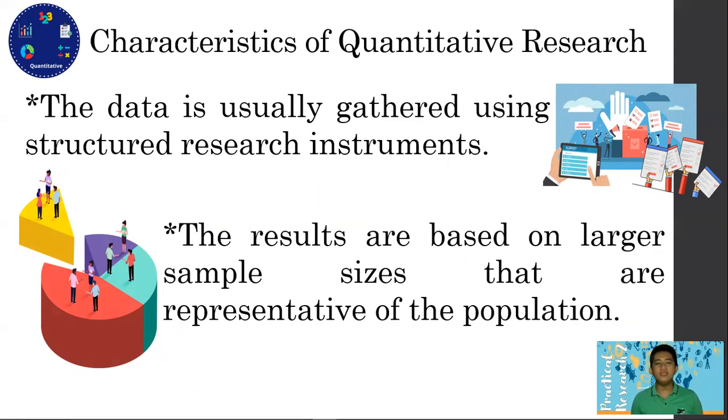In quantitative research, the views of the smaller group are the views of the bigger population. That's why we look into a randomized sample so that we are able to come up with a good quantitative research.